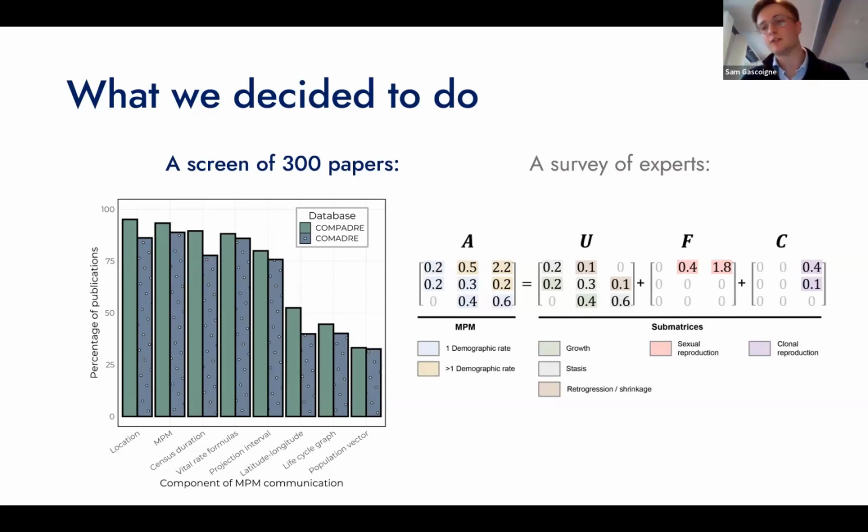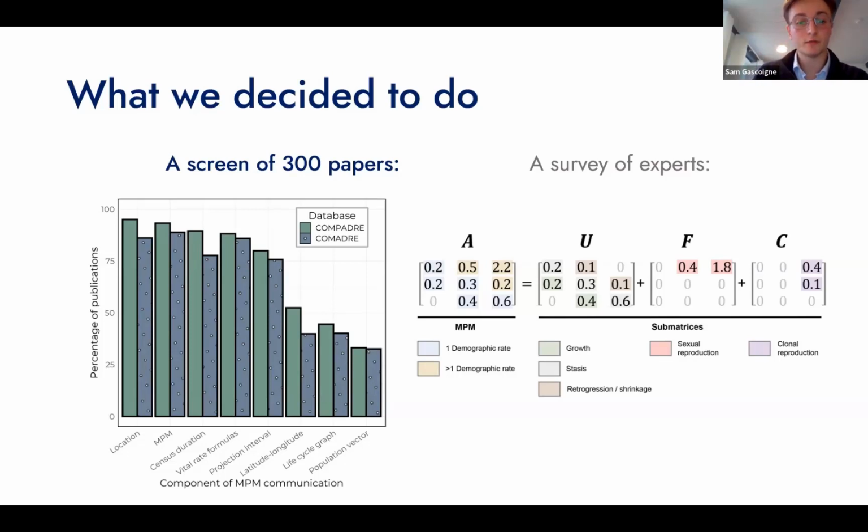Now, if you are interested in calculating any life history traits such as life expectancy, generation time, or reproductive output, you need to know what part of the values in A are attributed to reproduction and which are not. So this is very important. It was reasonably reported in the screen, but I hope that clarifies what we mean by vital rate formulas, because we'll be talking about those in a bit as well.